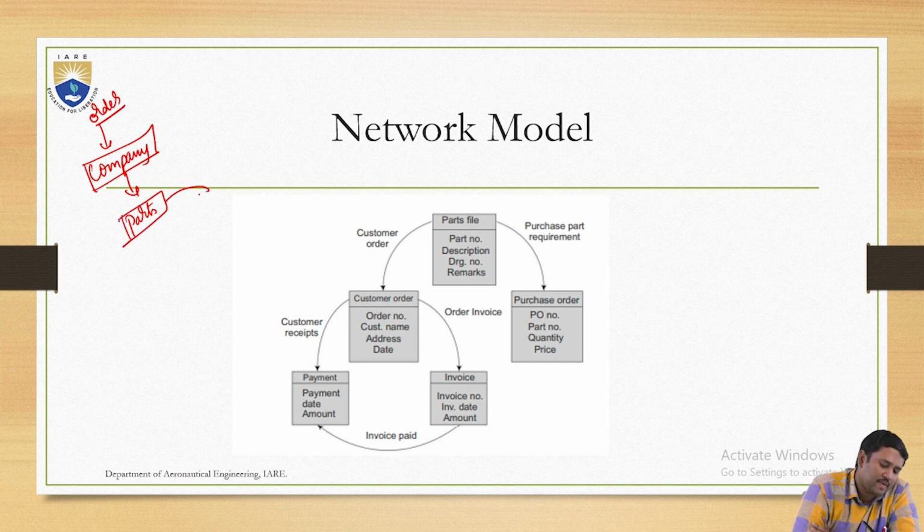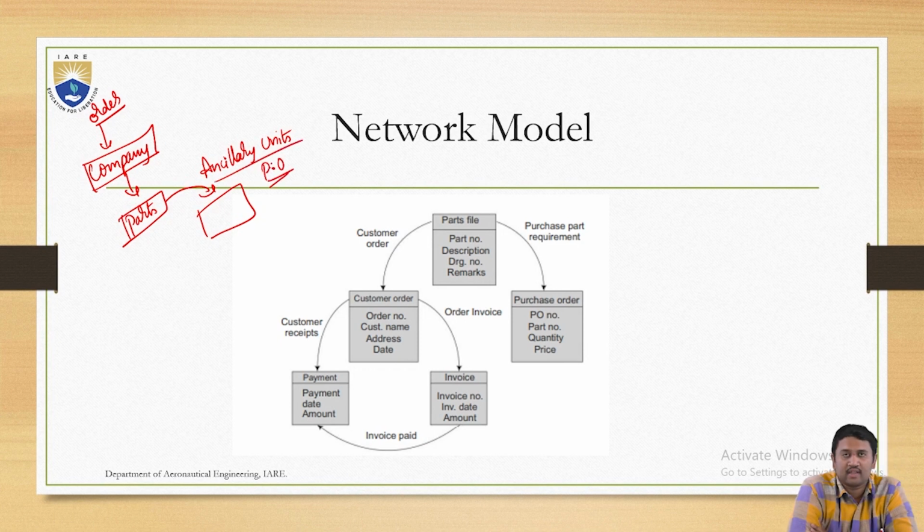In order to acquire the parts, they will give some ancillary units the order to get the parts out. Now, the information that is given is basically your purchase order, right? We want this many parts in order to fulfill our own customer order, right?